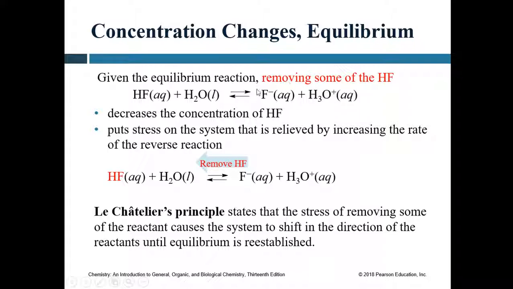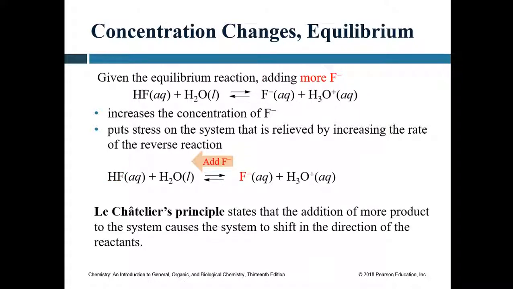So if more of our products react and go to the left, that actually means this hydronium ion concentration, i.e. acid, decreases, so your pH is going to increase there. Now, Le Chatelier's principle states that the stress of removing some of the reactant causes the system to shift in the direction of the reactants until equilibrium is reestablished.